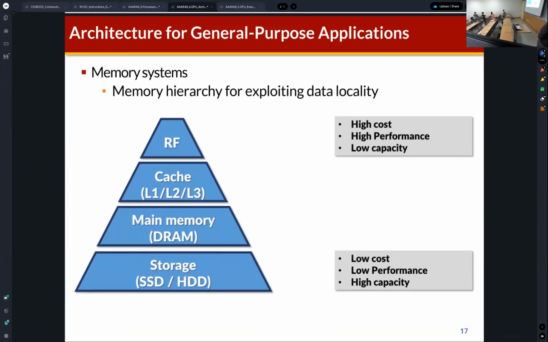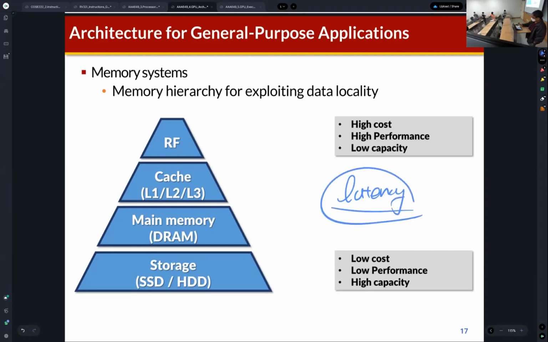So, memory hierarchy. Why do I mention memory hierarchy here? Because GPUs also have a memory hierarchy. I explained why we require memory hierarchy: because of the latency problem. In the CPU domain, the CPU has the register file, cache hierarchies, main memory, and storage.